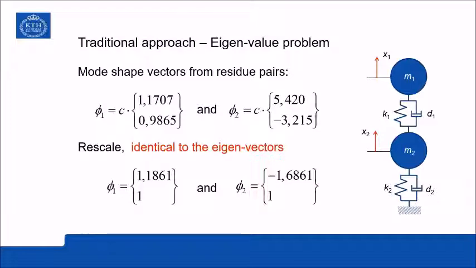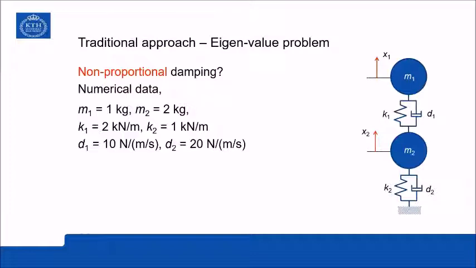So far so good. So the next step is to check what happens if we have non-proportional damping. This is actually the most general case. So let's now try this data, that we have D1 equal to 10 newtons per meter per second and D2 equal to 20 newtons per meter per second.